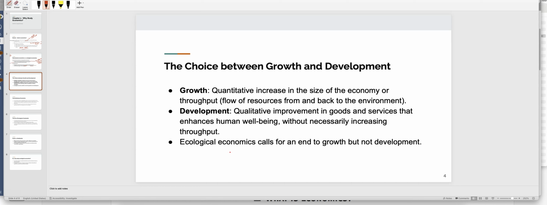Growth meaning, in our traditional macroeconomics course, we just talk about the economy getting bigger, which here, if I use that same PPF discussion, would just mean that my economy has become bigger.